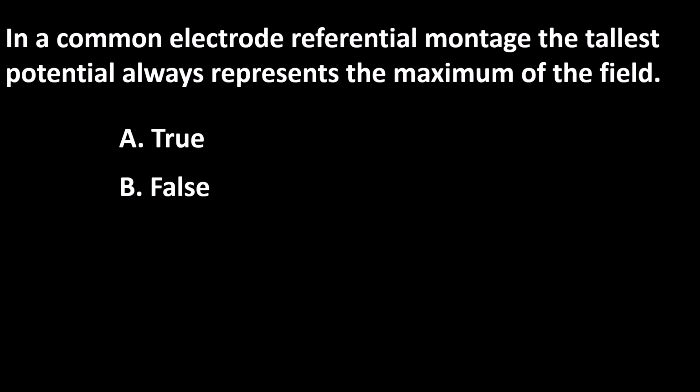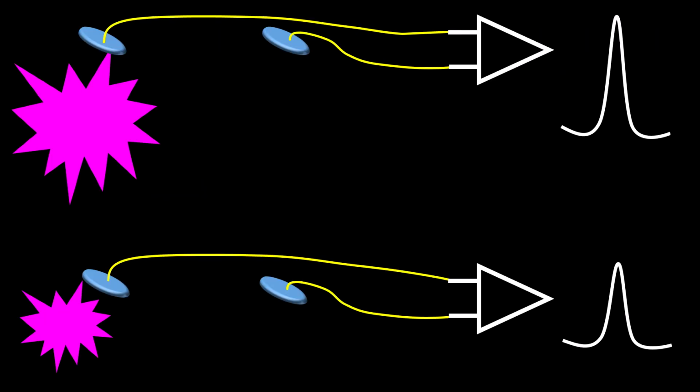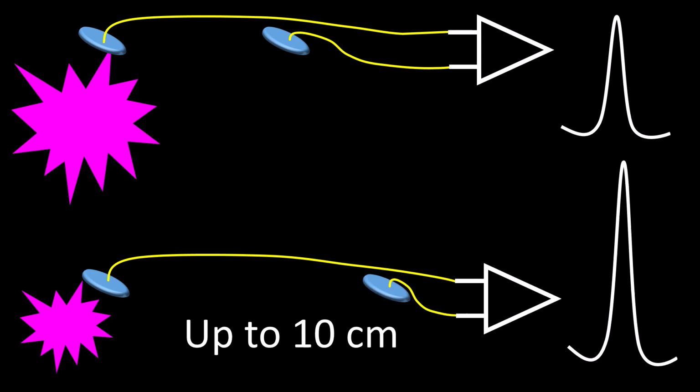Next question. In a common electrode referential montage, the tallest potential always represents the maximum of the field. A true, B false. Given the same electrode position for G1 and G2 going into a differential amplifier, a stronger field will produce a higher EEG potential, but a weaker source captured with a longer inter-electrode distance may produce a larger potential.